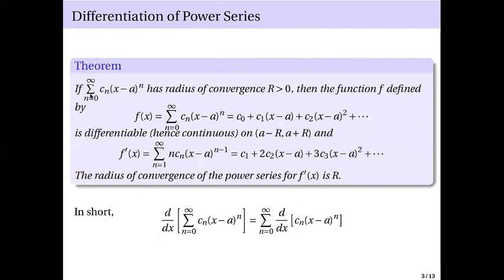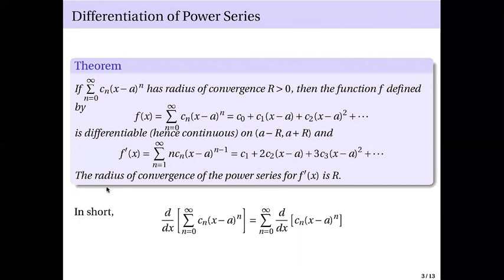First, if you have this power series, and it has a radius of convergence r greater than 0, then the function f defined by this, so f of x equals the power series, is differentiable and therefore continuous on the open interval (a minus r, a plus r), and the derivative of this function is given by this expression.